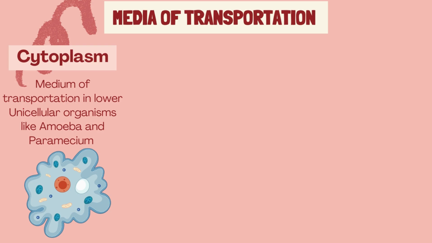Materials such as glucose, amino acid, oxygen, water, and carbon dioxide are transported from one part of the cell to another through the cytoplasm. This takes place through a process called cytoplasmic streaming.